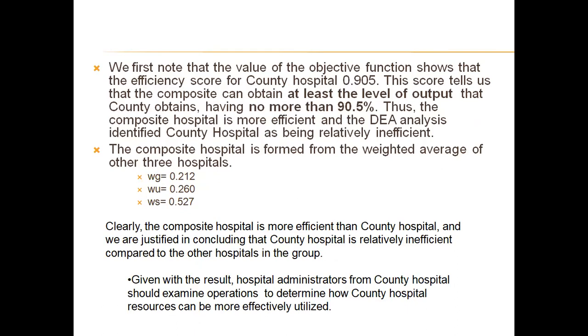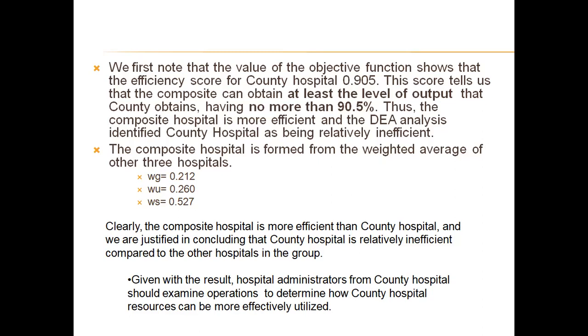So this score tells us the composite hospital can obtain at least the level of output that county hospital obtains, having no more than 90.5% of the input. Thus, we can see that the composite hospital is more efficient, and the DEA analysis identified county hospital as being relatively inefficient.